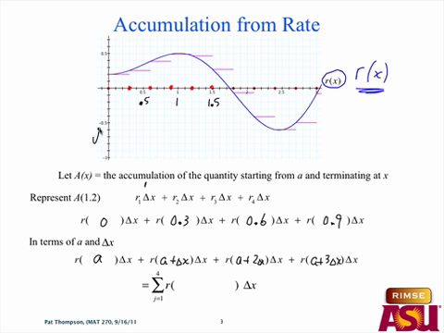So here are the j values. 1 is the first interval, 2 is the second, 3 is the third, etc. So j is the number of the interval. Okay? So in terms of j, what x value are we putting in to get the rate for the jth interval? So you can figure it out.